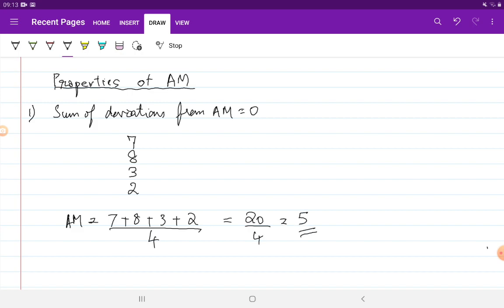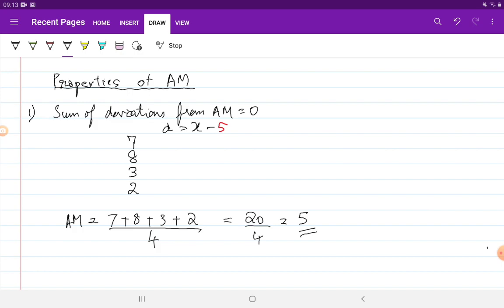Now let us look at the sum of deviations. The deviation of an observation means how far the observation is from the calculated arithmetic mean, right? So the arithmetic mean is 5. I should write this in general terms. So x minus 5 will be the deviation, where x is each individual observation.